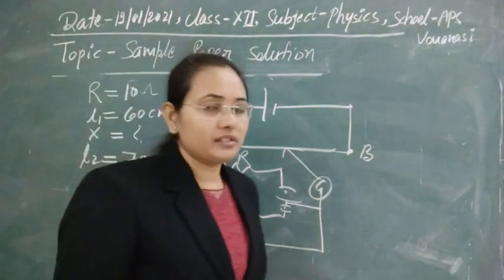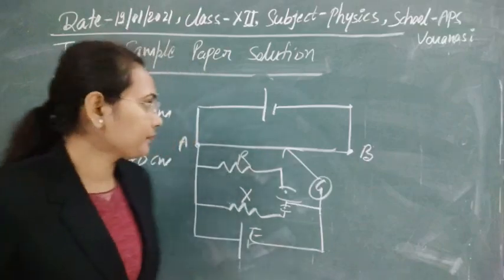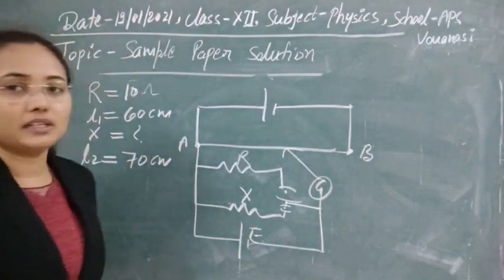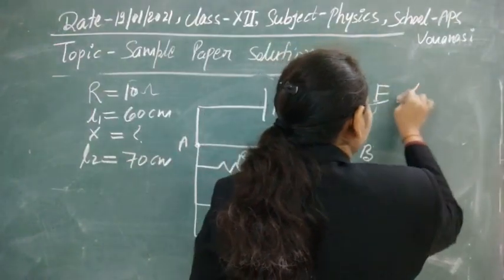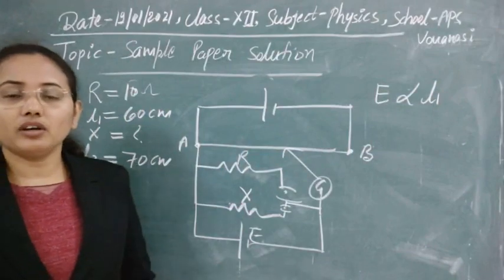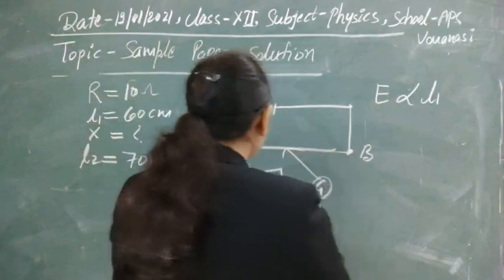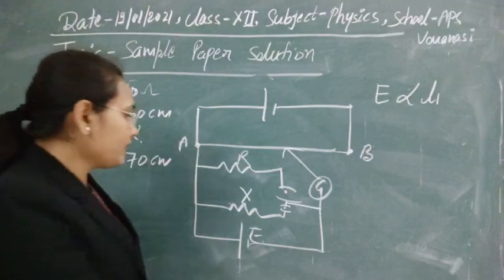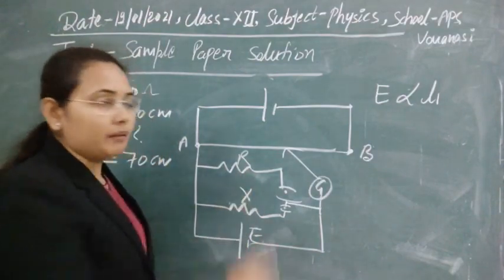This question is very easy, because we already know the theory and principle on which the potentiometer works: the EMF generated is directly proportional to the null point that we get here. So we can use it here too. Suppose E1 is the EMF generated in this, and E2 is the EMF generated in that, and we have connected the same cell, so these two are in parallel combination.